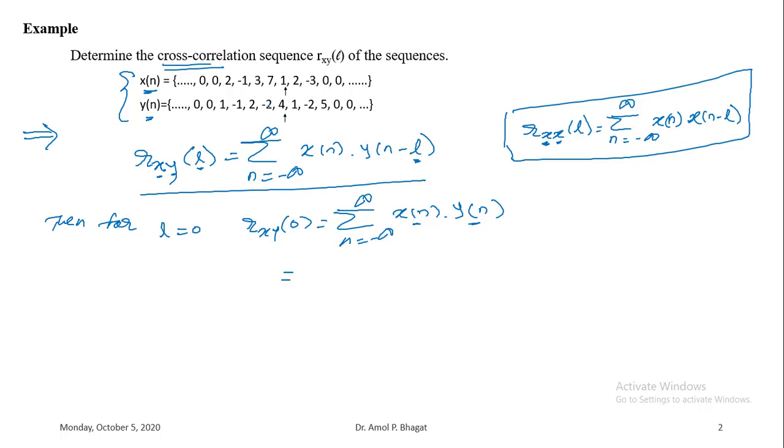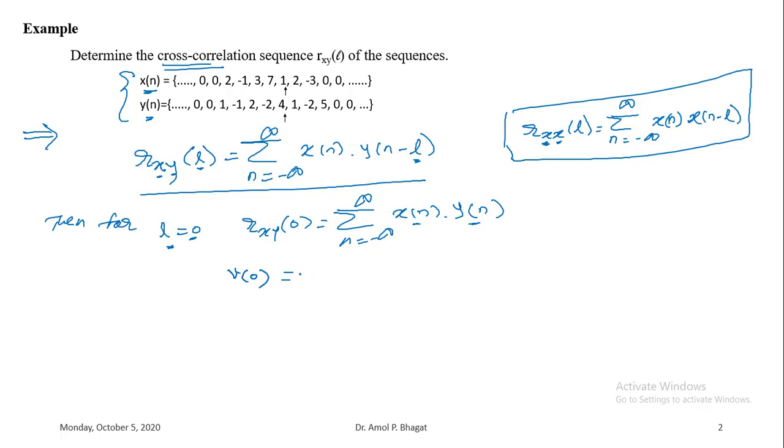Similarly on the negative side, minus 2 multiplied by 7 and so on. We can indicate this product sequence for l is equal to 0 with some other notation, v of 0 just for example. This v of 0 indicates the product sequence when l is equal to 0.